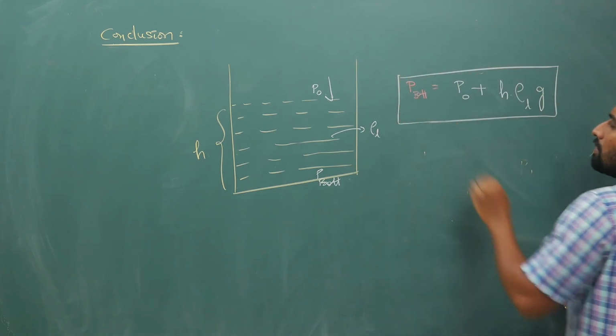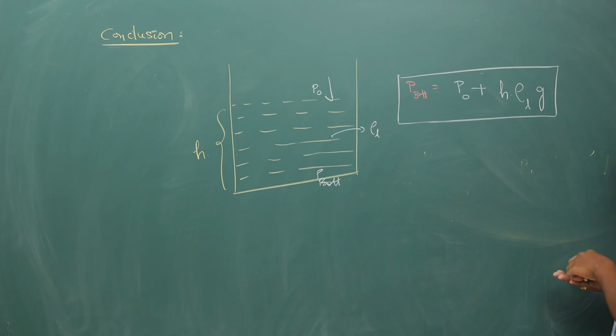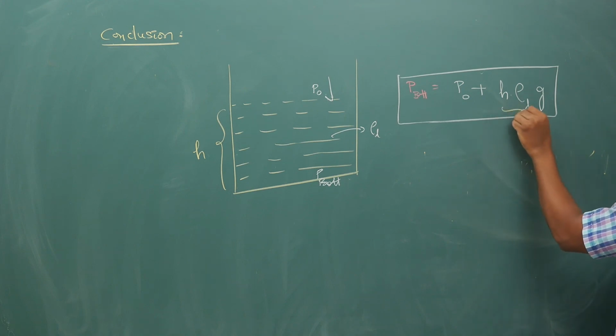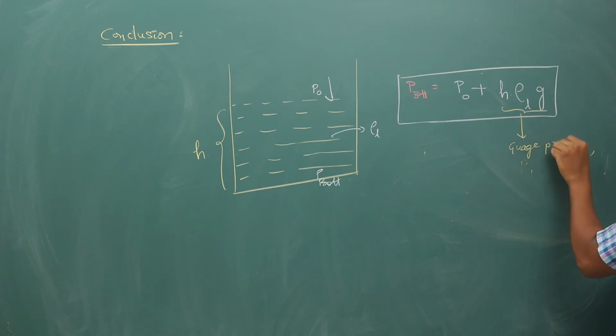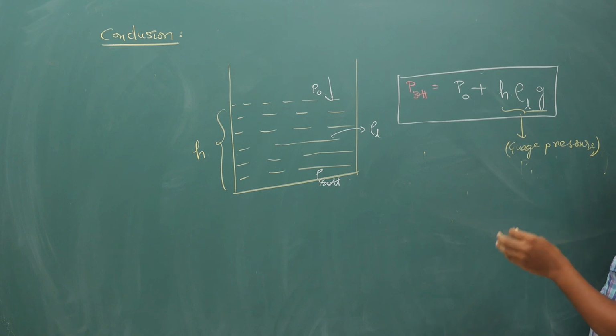Now this term is called gauge pressure. Gauge means some kind of vessel in which you will be able to see or measure the height. That is why this is called gauge pressure.